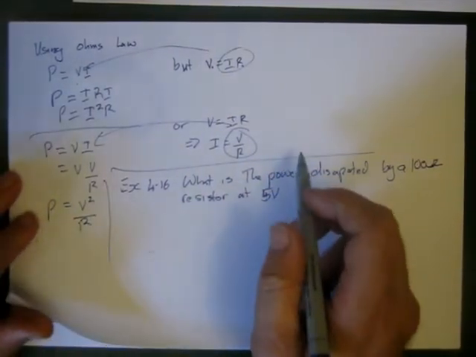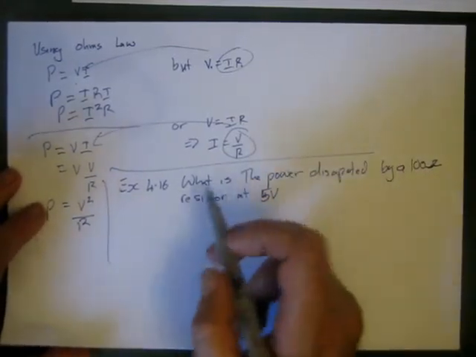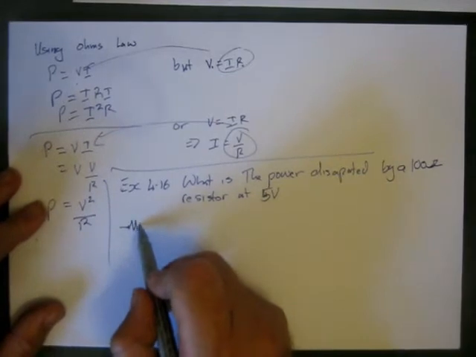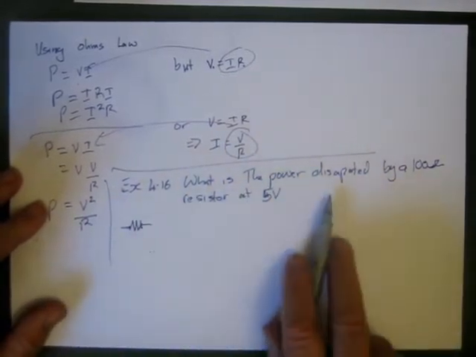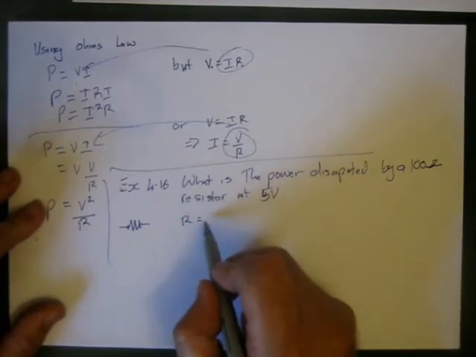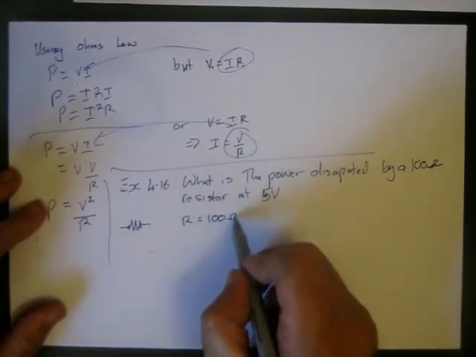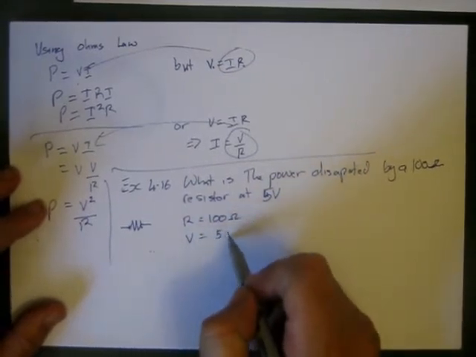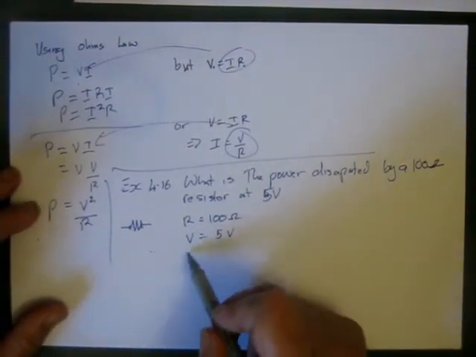Sorry, my apologies. So what do we know? We've got a resistor. We know that the resistance equals 100 ohms. We know that the voltage equals 5 volts, and we want to know what the power is.